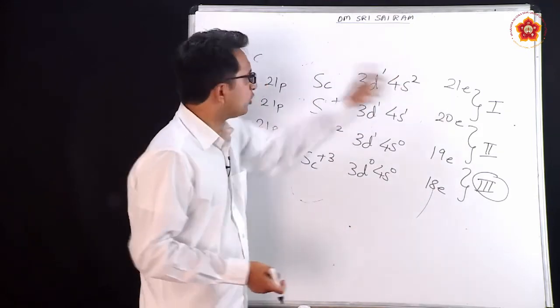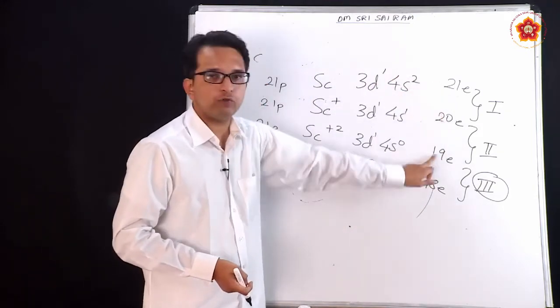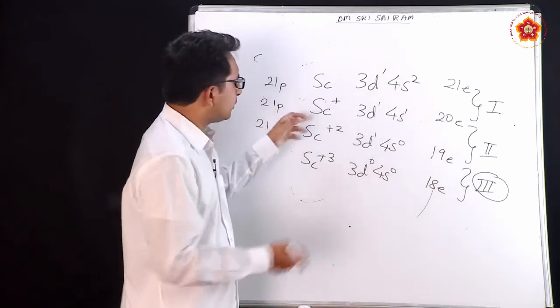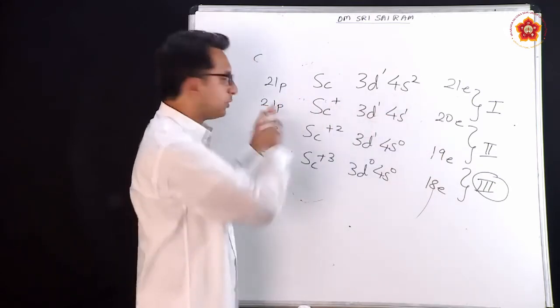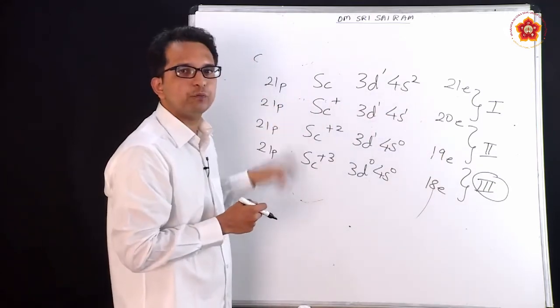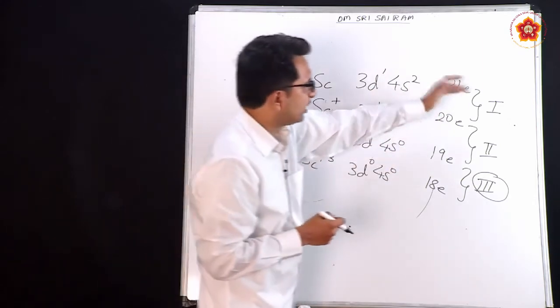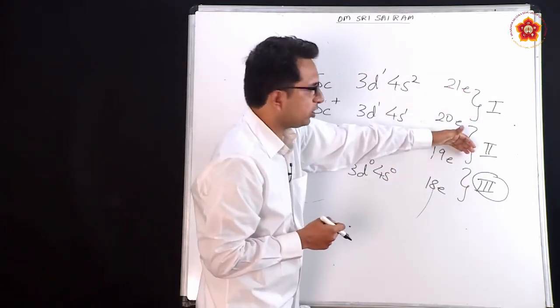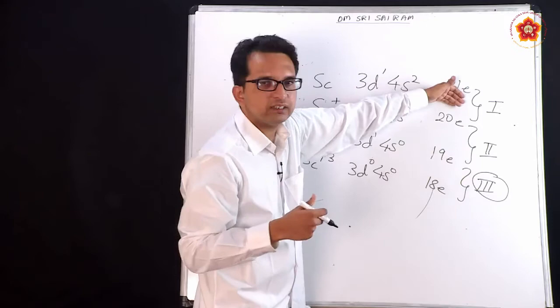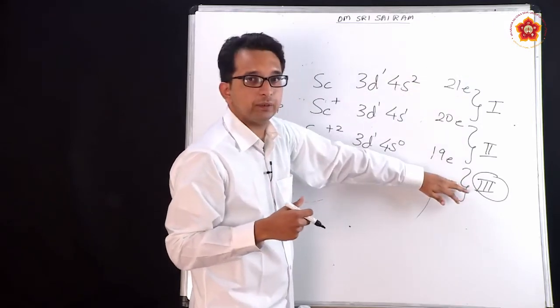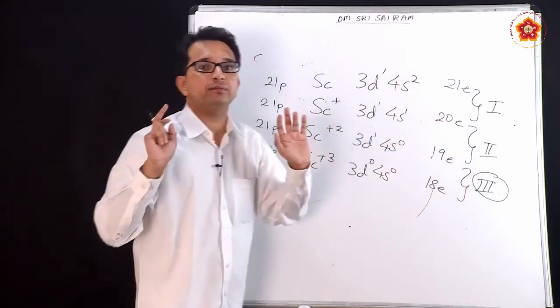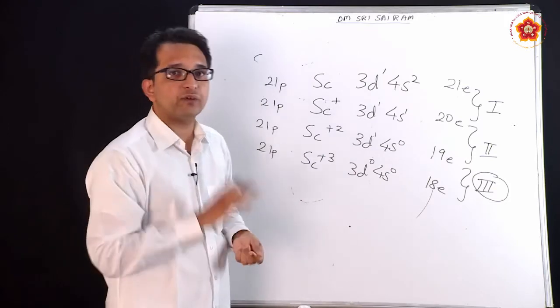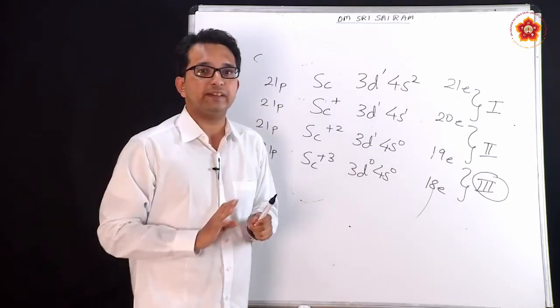As you go forward, the attraction will be more towards the proton because of the higher number of protons. So, it is very natural that the second ionization enthalpy will be much more than the first, and the third ionization enthalpy will definitely be more than the second. These are the factors that we consider for ionization enthalpies.